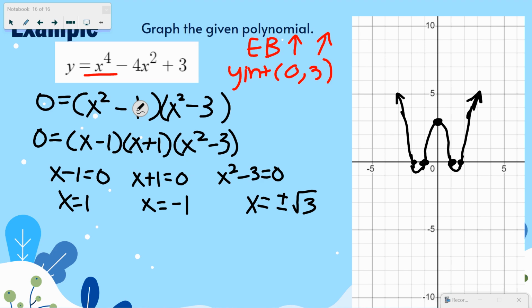No. But I got some good, perfect points that I should have, which are my intercepts, my end behavior, things of that nature. And if you want to be more of an artist than me, remember you can plug in some other good points to find them along the way.